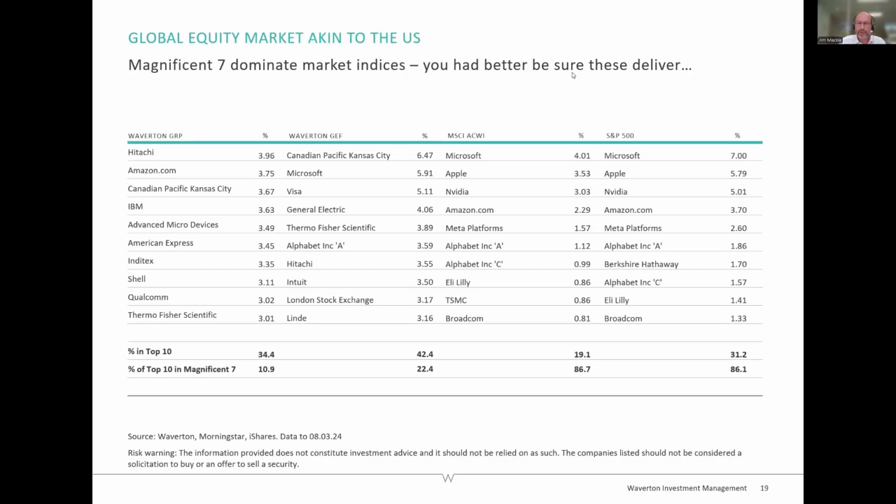In terms of Waverton, as we went through the research for this presentation, we looked at the top 10 holdings. If you look at the MSCI World Index, which is the third column along, and then you look at the S&P 500, you see there's a huge correlation in holdings.